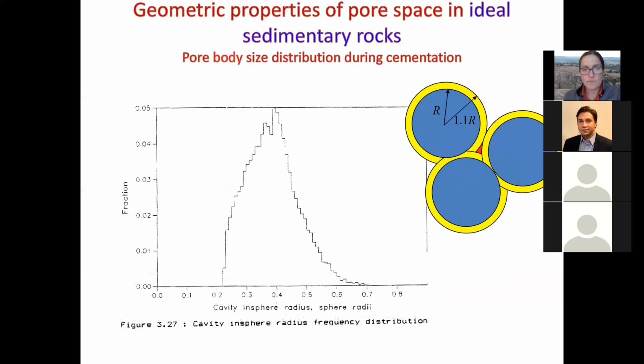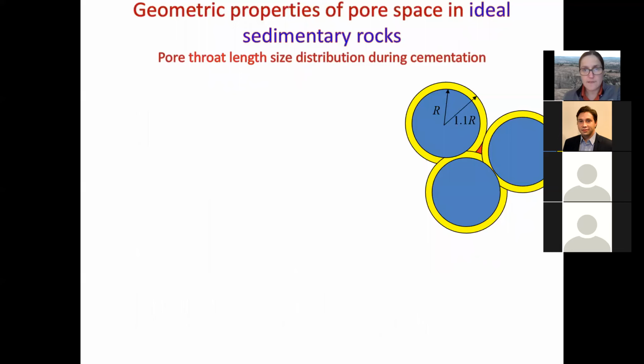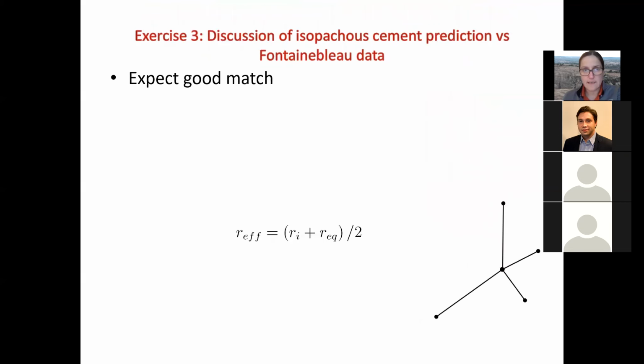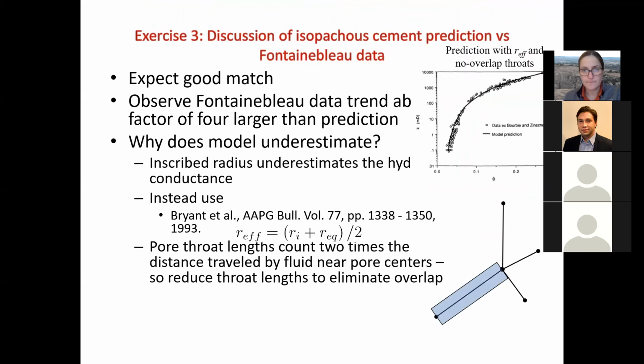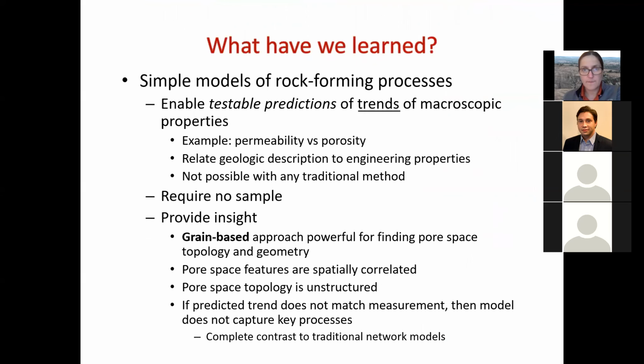I'd like to just walk over the algorithms. So we're going to comment on all of these cases then. Okay. So these simple models, sphere packings, they allow simple models of rock forming processes. And if you don't have an image, they're actually a very good way to go.